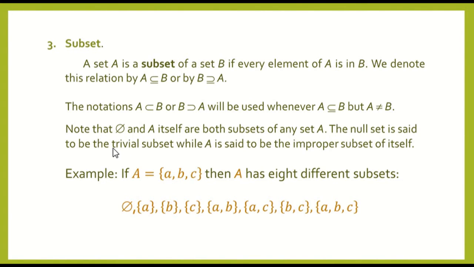The null set is said to be the trivial subset, while A is said to be the improper subset of itself.